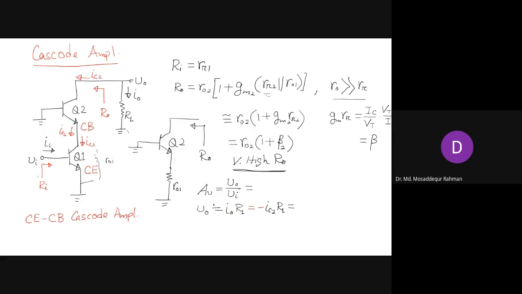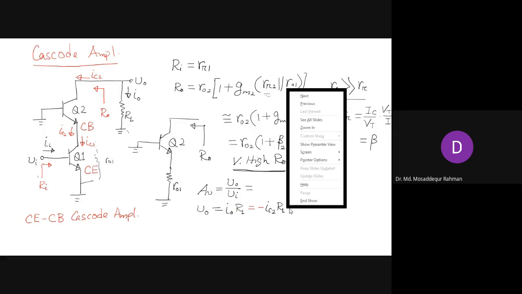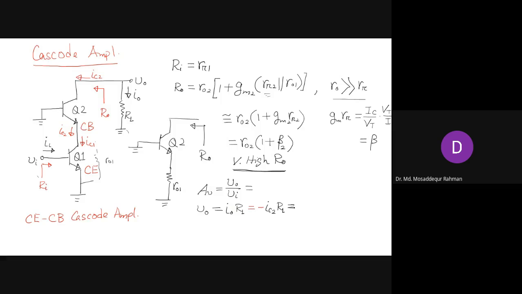Now IC2 we have to express in terms of IE2. IC2 in terms of IE2 is alpha IE2, so it will be alpha IE2 Rn.